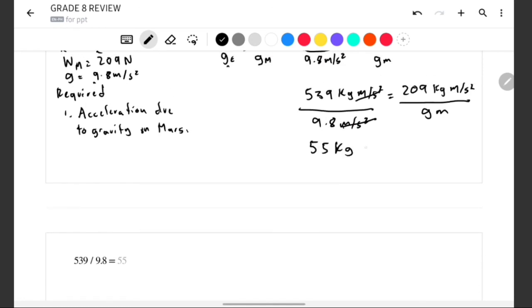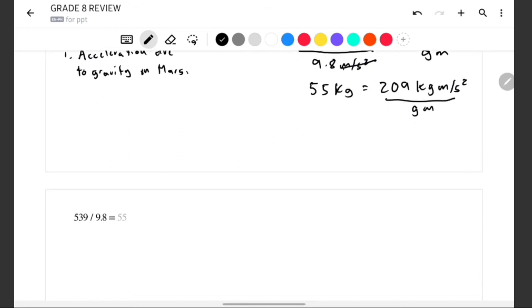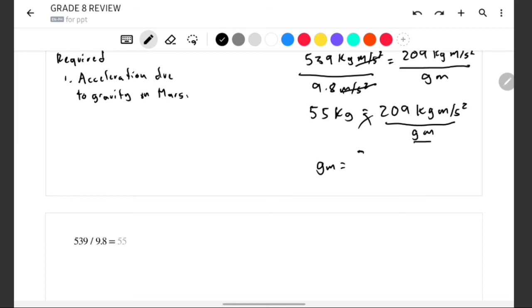kilograms is equal to, ito na, 209 kilogram meters per second square divided by g_M, or yung gravity on Mars. Now, since cross-multiply natin yan, ito tataas, tas ito naman bababa. Magiging g_M is equal to 209 kilogram meters per second square all over 55 kilograms.